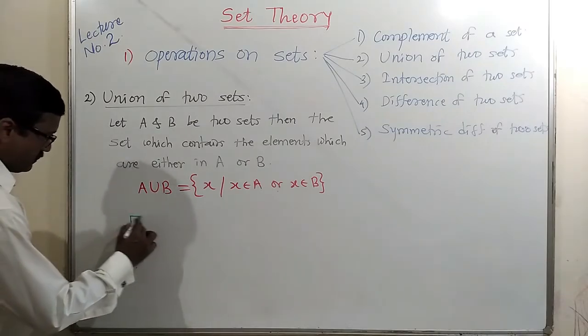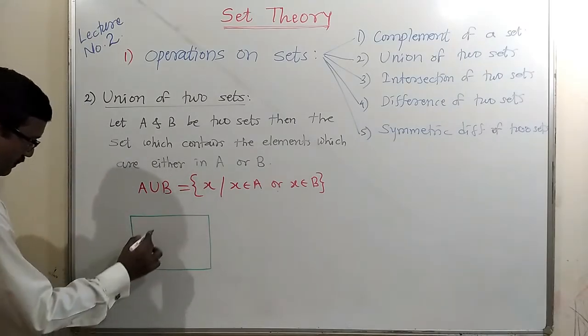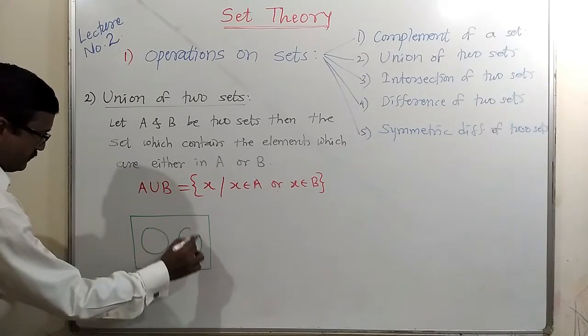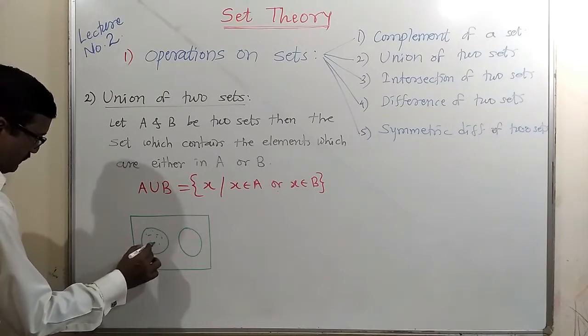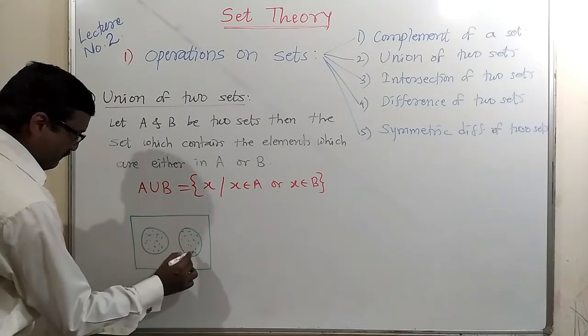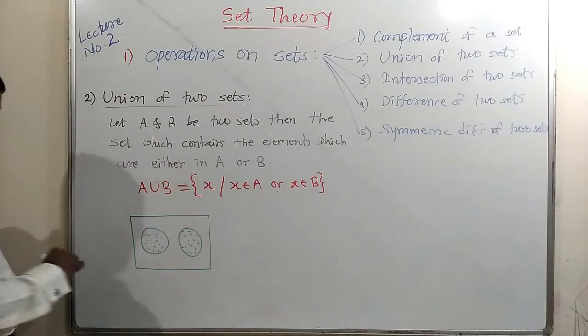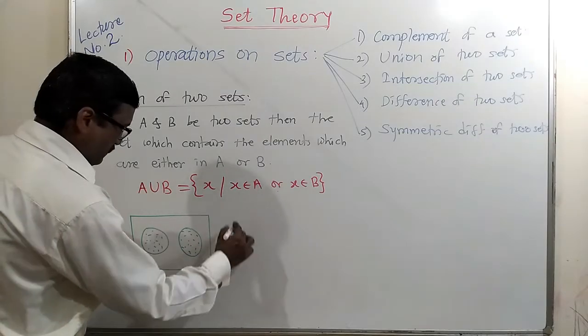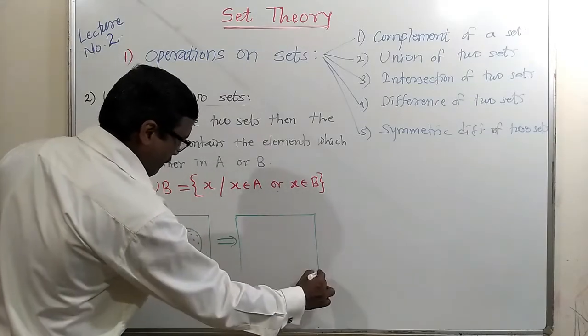Suppose set A is like this, B is here, and they contain certain elements. Then the union of two sets will be like this.